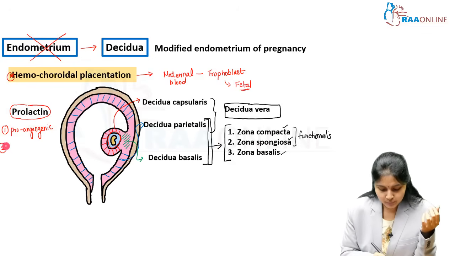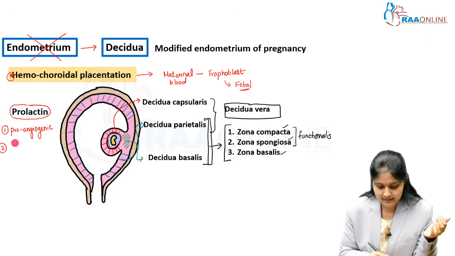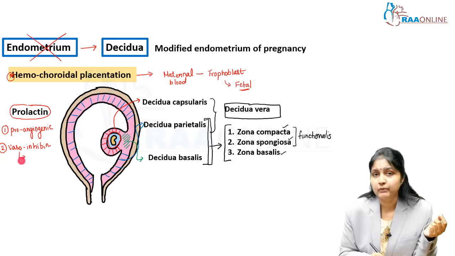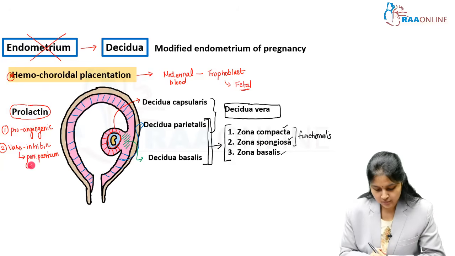Second, this prolactin can get cleaved by the protease enzyme, forming a substance called vasoinhibin, and this vasoinhibin is now found to be one of the important pathogenic agents for the woman to develop peripartum cardiomyopathy.